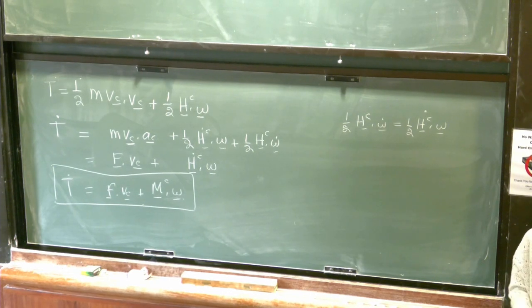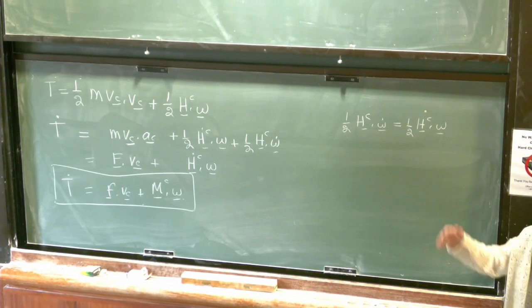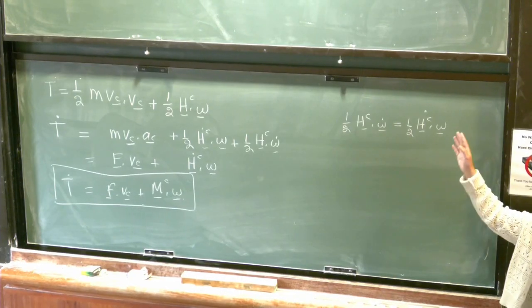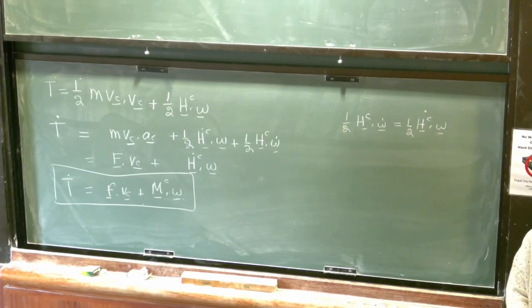So you can show by actually writing down H dot C and omega dot and HC and omega, what those are, going through the calculations, you can show that they are equal. Okay? So in the notes, there's this method, and there's another method which does not use this expansion. And this gives us the work energy theorem for a rigid body, this form of it.